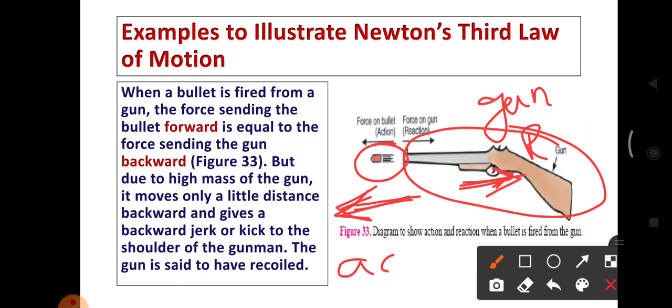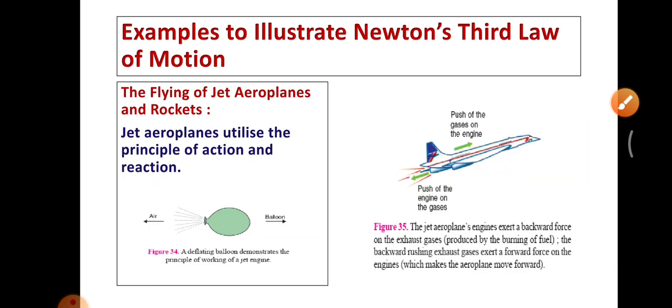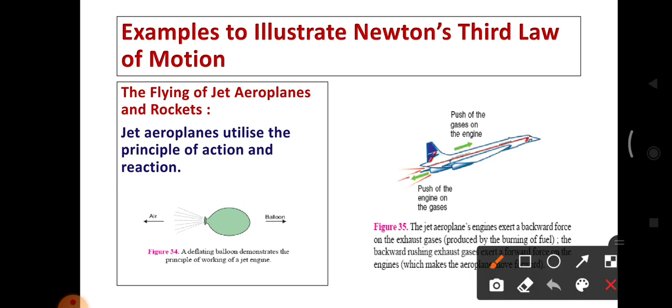Due to the high mass of the gun, we cannot see the backward jerk. The next one, the flying of jet aeroplanes and rockets are based on the principle of action and reaction. See this balloon.